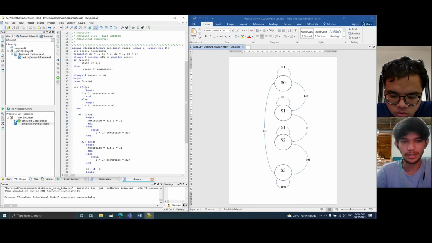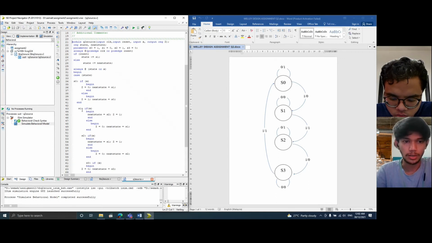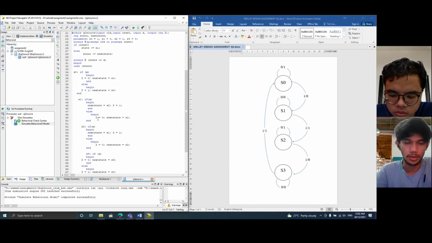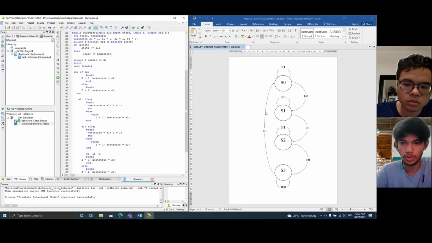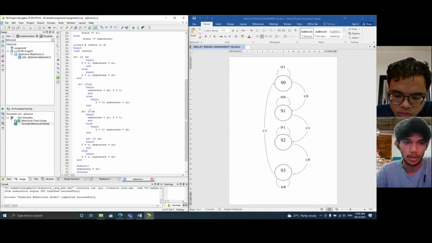For S0, if X is 0, Z equals 0 and the next state will be S1. If X is 1, Z equals 1 and the next state will be 0. For S1, if X is 1, it will go to S2. If Z equals 0, the next state goes to S1. For S2, if 1 it goes to S1, and for 0, it will go to S2.